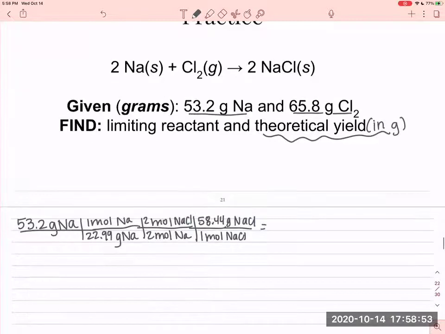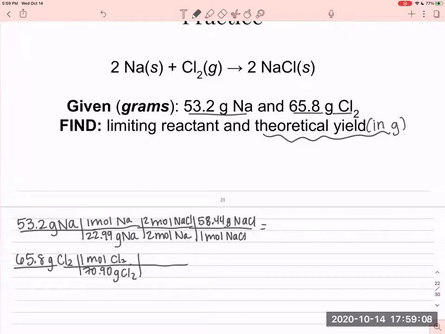And then my second line of work, because I've separated and I'm analyzing my reactants separately, don't forget the molar mass for diatomic is different than the molar mass for just a single atom of chlorine.